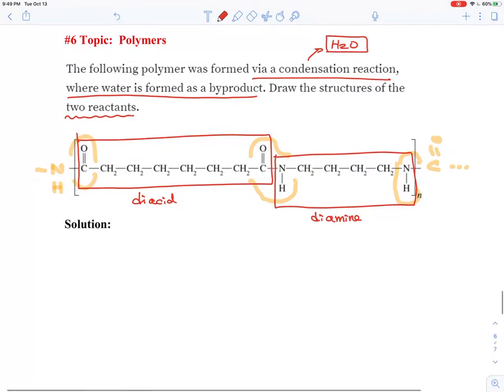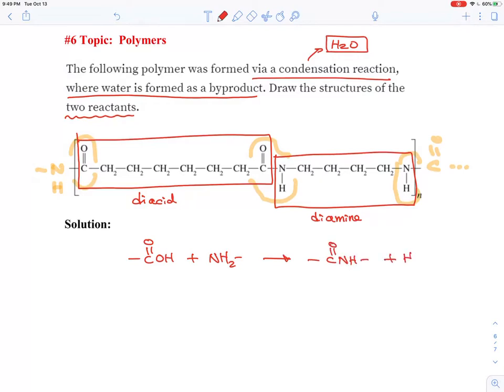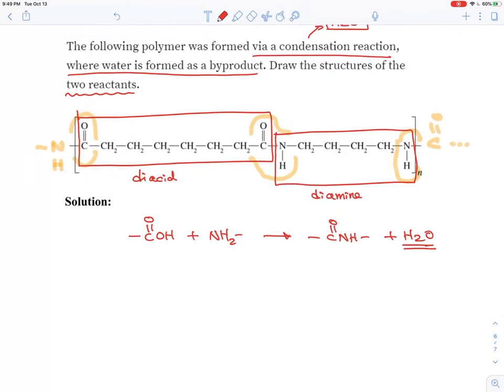One thing that I know for sure is that when an acid reacts with an amine, they form an amide bond with water as a byproduct, which is called a condensation reaction. So therefore, the two reactants here are HOCO, and let's see, 1, 2, 3, 4, 5, 6, 7, 8.